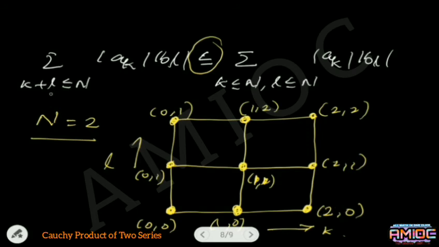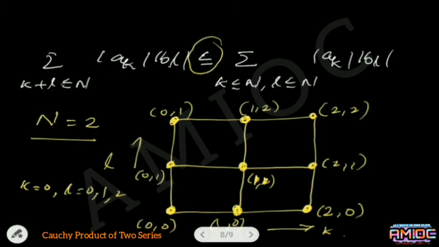I am letting k equal to 0. If k equal to 0, what are the choices for L? L can be 0, 1 or 2. Here k plus L less than or equal to n, and here n is equal to 2. Therefore, L may be 0 or 1 or 2.